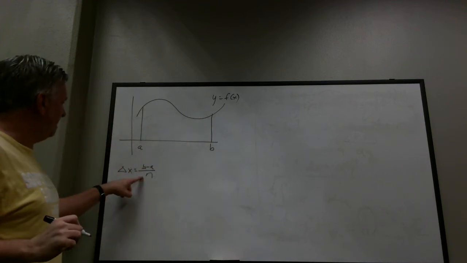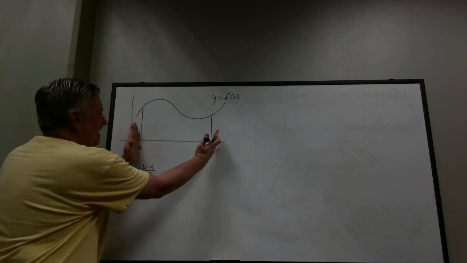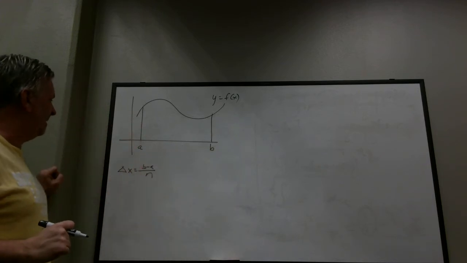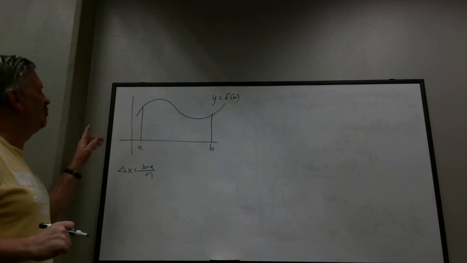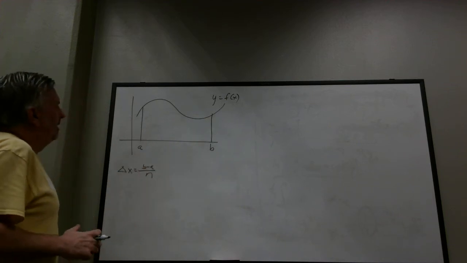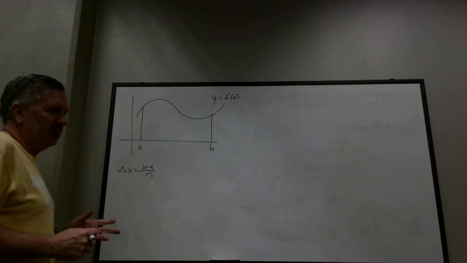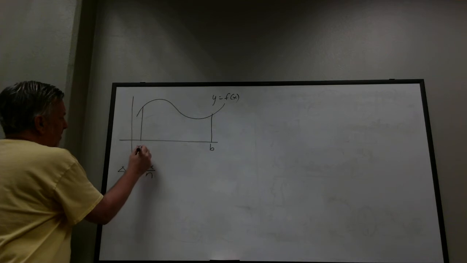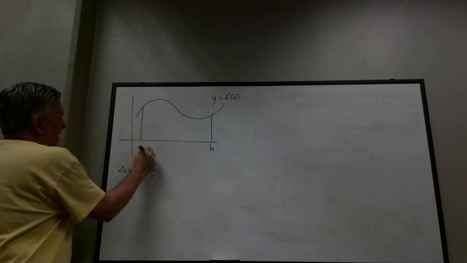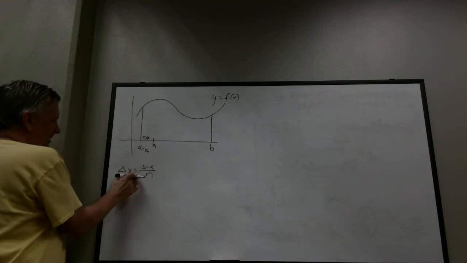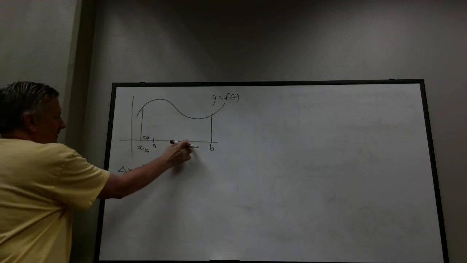So if you think that this makes sense, it's b minus a is that distance. If we want to chop it up into n equal pieces, you're going to divide that distance by n. So that's delta x. Again, you don't have to make this an equal partition, but I'm going to do it here just to make it easier. Okay, so we called this x naught, and if you moved over delta x, we call that x1, right? The delta x is the width here of the rectangle.